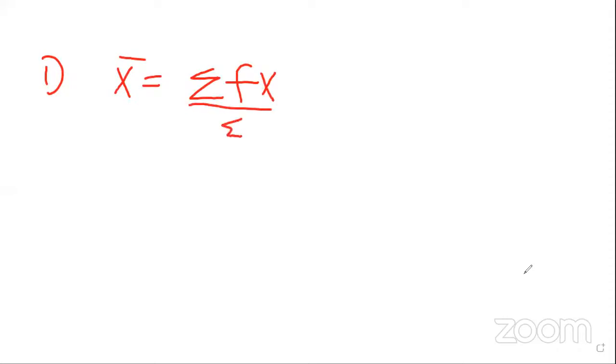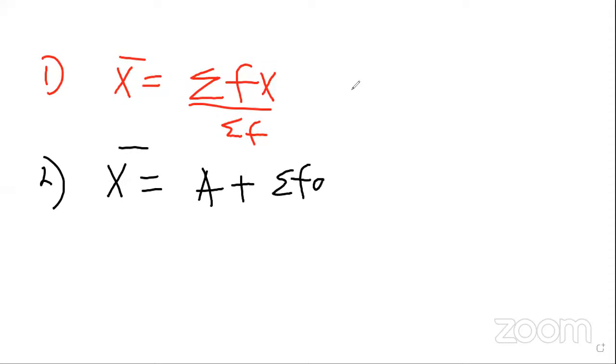I'm saying that question that Mwalimu has given you, you can do the same question using, number 1, the formula: mean is given by summation of fx over summation of f. Start with that formula. Then number 2, use the formula: mean is given by assumed mean plus summation of fd over summation of f.